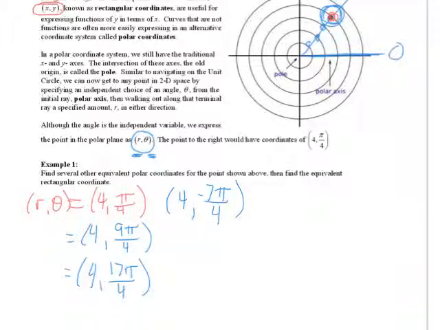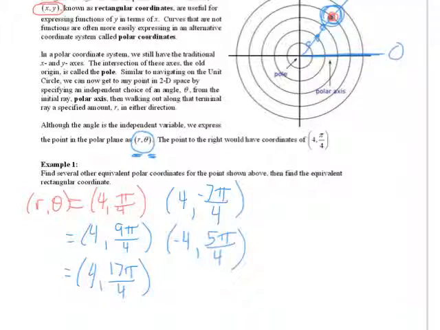Another thing we can do is have negative radii. If I plugged in (-4, 5pi/4), that's going to take my angle and go 1, 2, 3, 4, 5 pi fourths. So we're out at 5 pi fourths, and instead of going out 4 units, we're going to go backwards 4 units, and we'll get to that point as well.